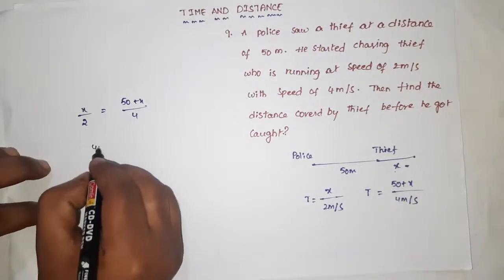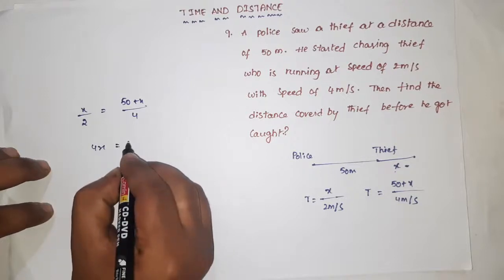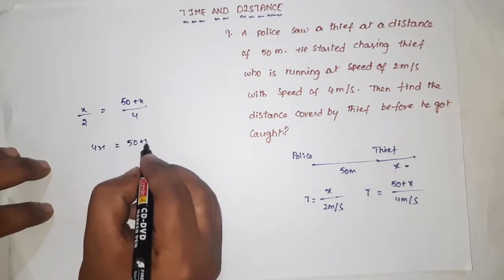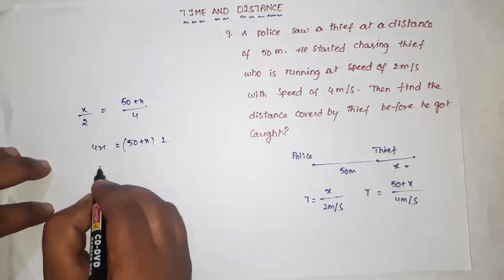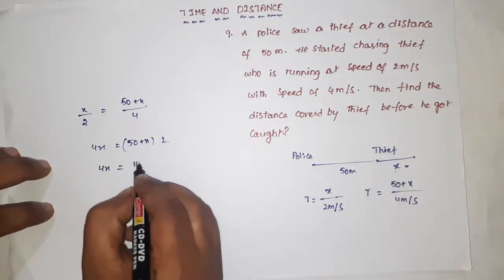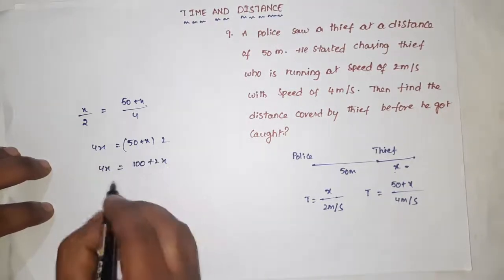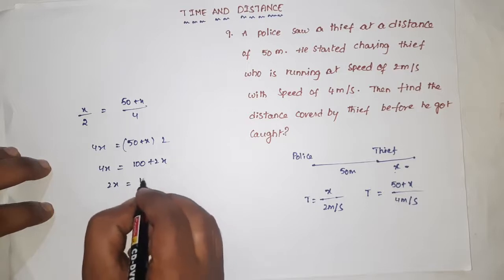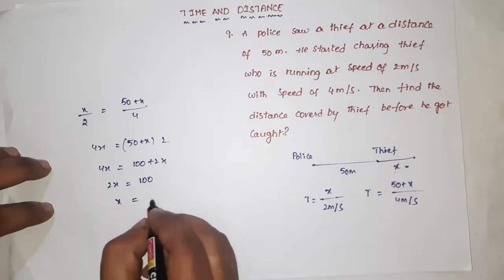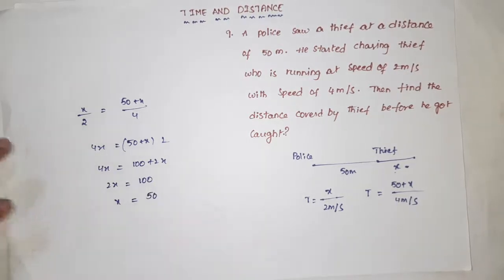So 4x equals 50 plus x into 2. So 4x equals 100 plus 2x. 2x equals 100 and x equals 50. So it is a simple trick, friends. In the same interval of time the entire thing happened, so we just equated the time taken for two different cases.